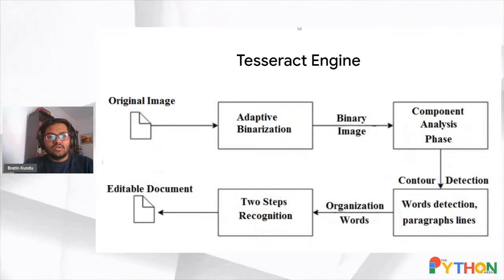So you detect the number of words, and accordingly there are some steps associated for recognition of words and lines. And finally in the output you get a document kind of thing, or text kind of thing. So let's quickly see the demonstration of that.